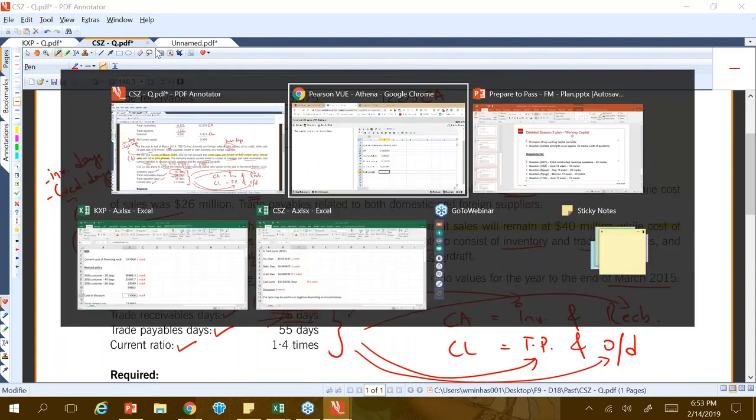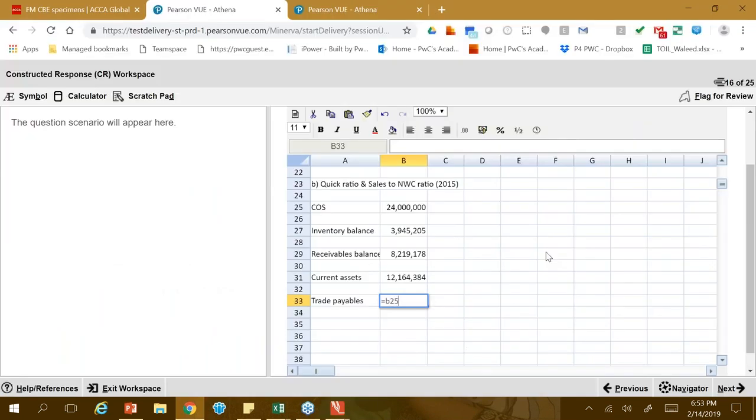So cost of sales, which is in B25, into payable days, which are given in the question as 55, over the 365. And that gives us the trade payables balance, 3616438.